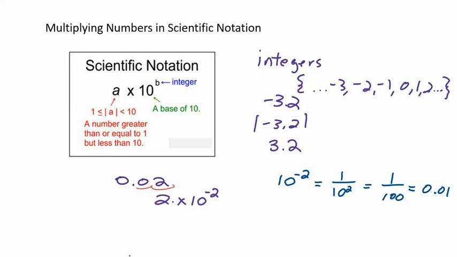So if I take 2 times 10 to the negative 2, that's the same as 2 times 1/100th, which is 2/100ths. So 2 times 10 to the negative 2 is equivalent to 0.02. Therefore, 2 times 10 to the negative 2 is the scientific notation for this number.